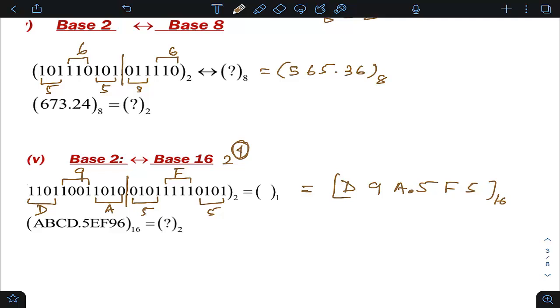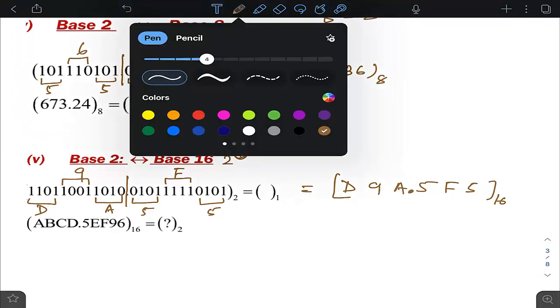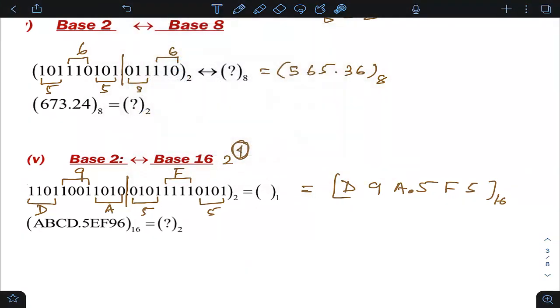So in the reverse way, how will we proceed? Reverse way means if the number is in octal, how do we get its corresponding binary? The process is exactly opposite, students. Whenever octal is given and you want to find the binary equivalent, you replace each octal digit by its 3-digit binary equivalent.